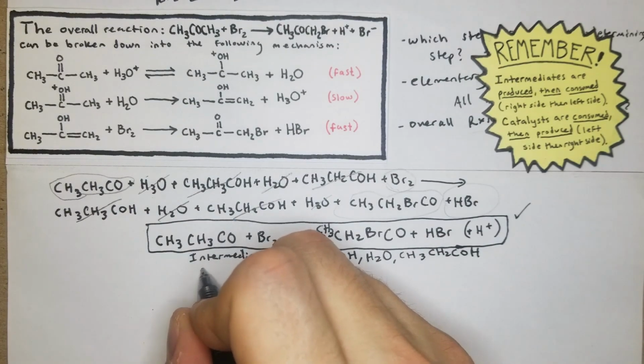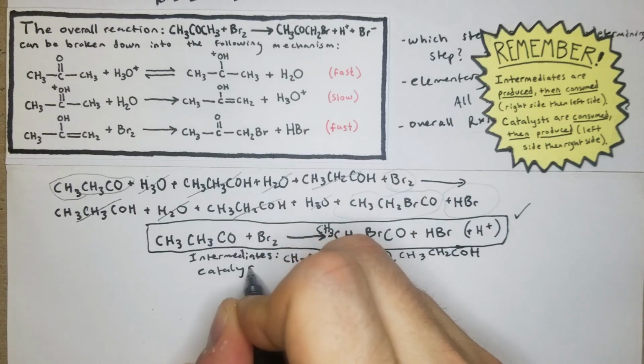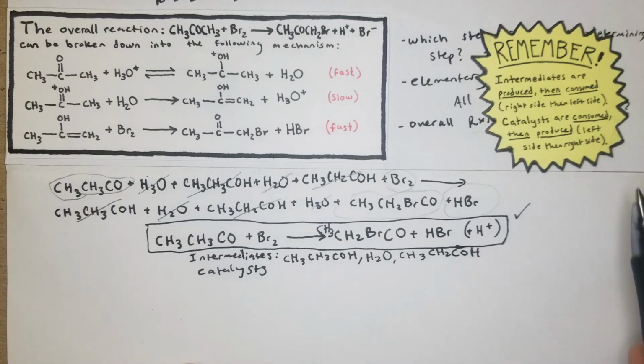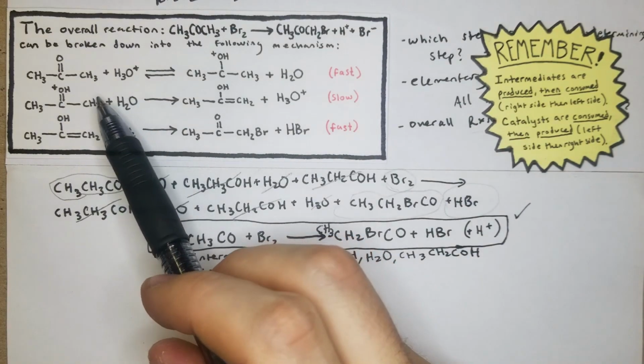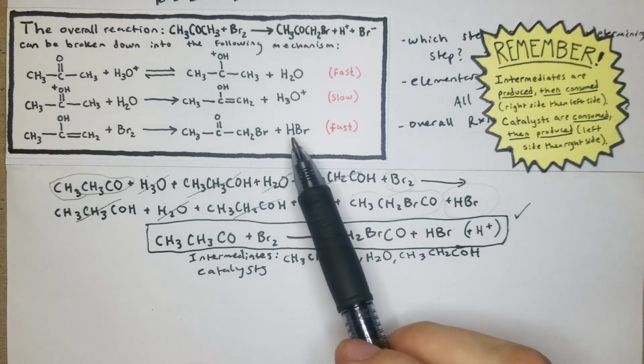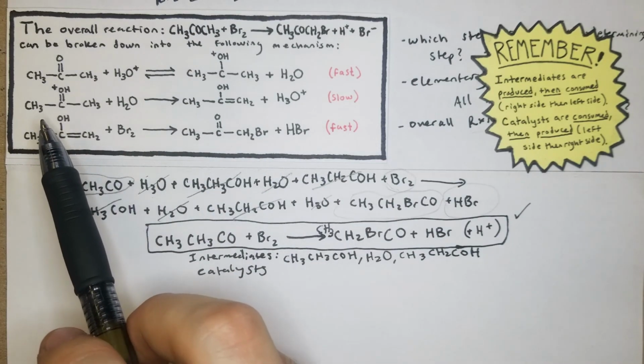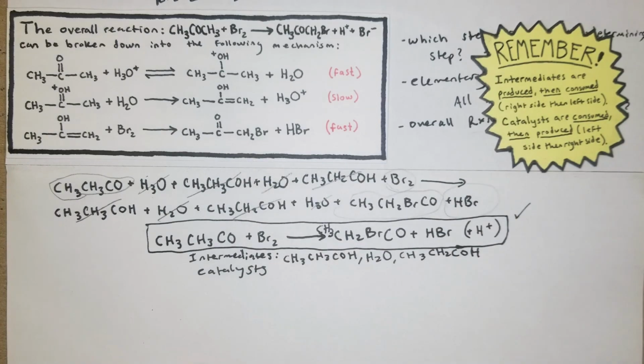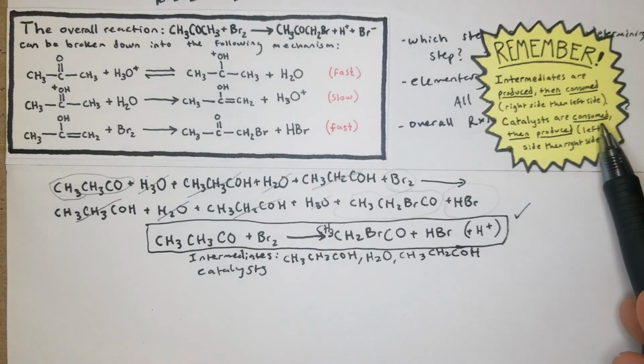And then let's look for catalysts. Remember our rule for catalysts? They're consumed and then produced. A good place to start is to see if there's anything in the very first reaction as a reactant and then in the final reaction as a product. We see that isn't the case here, but that doesn't mean we won't have a catalyst. Is there anything consumed and then produced?